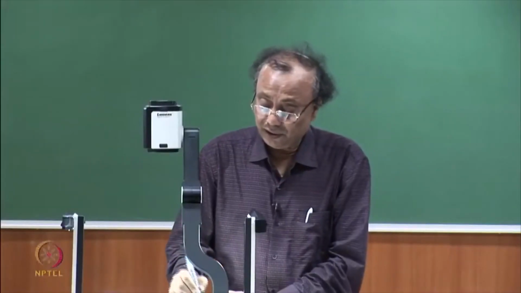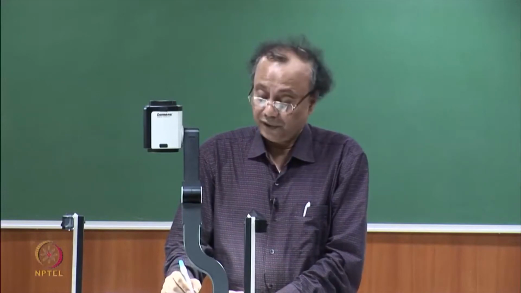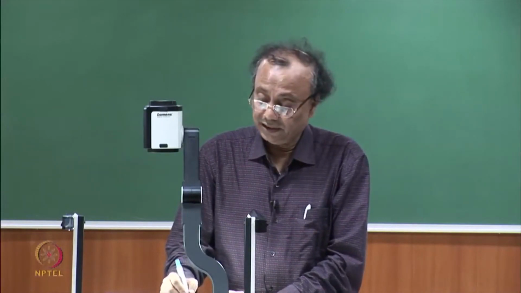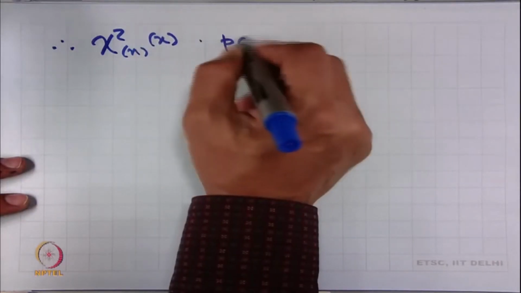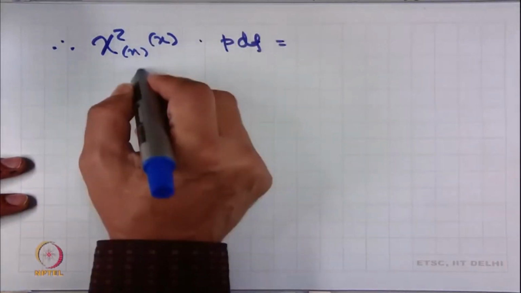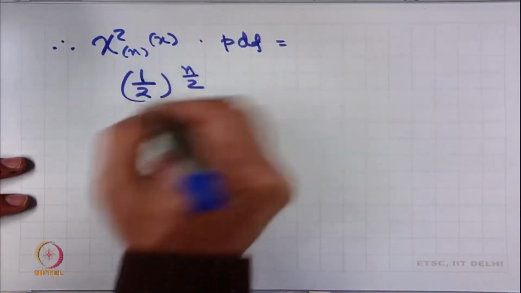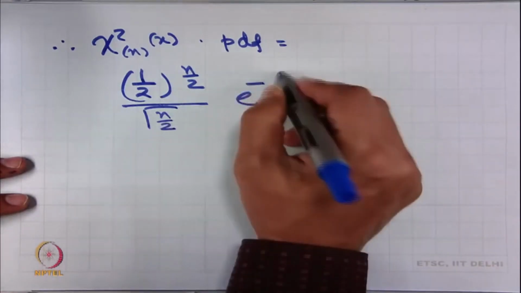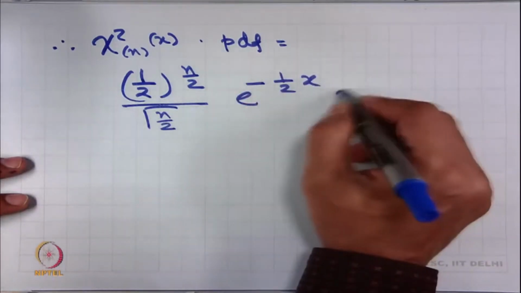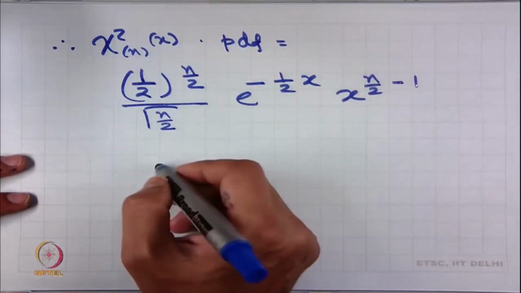So, this is equal to, we know that chi-square with n degrees of freedom at x has PDF equal to half to the power n by 2 upon gamma n by 2, e to the power minus half x, x to the power n by 2 minus 1.